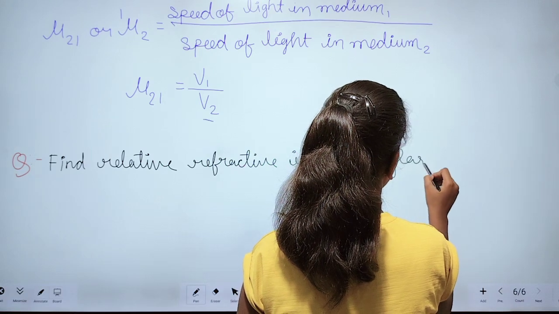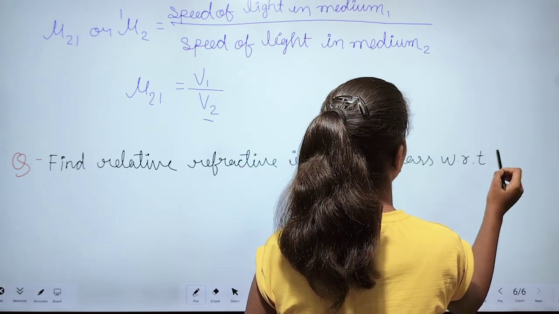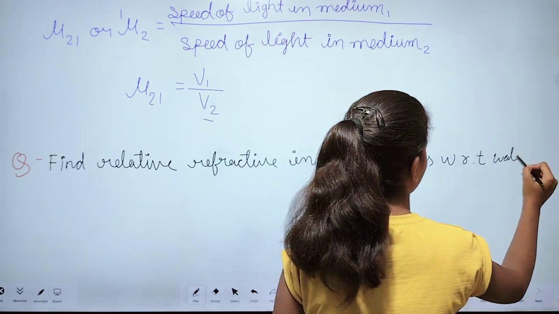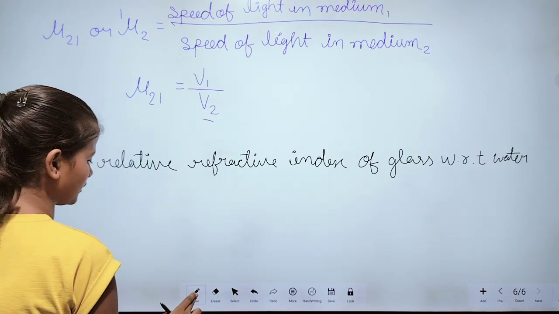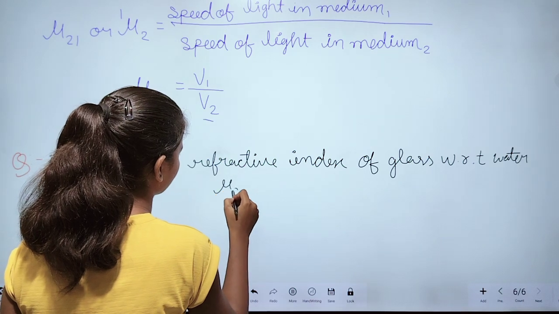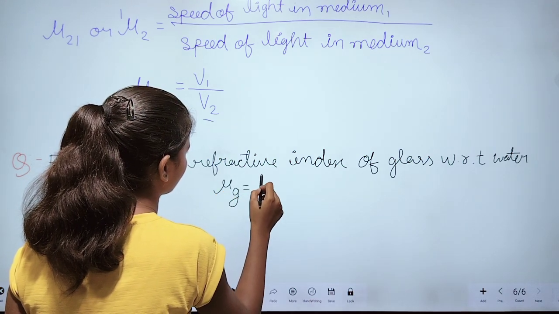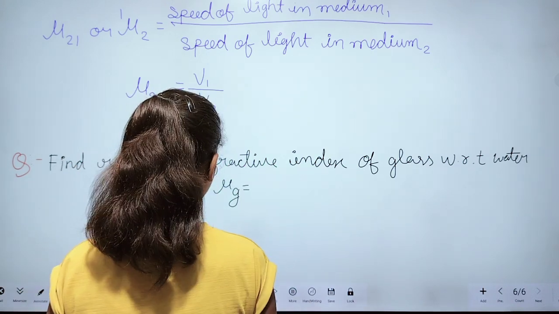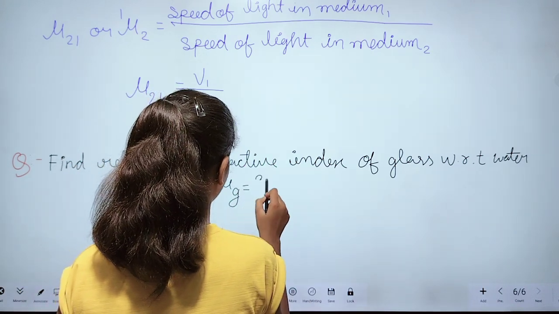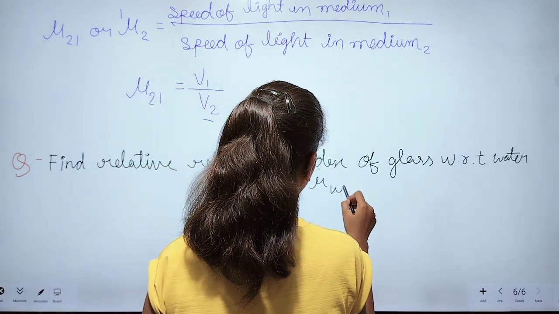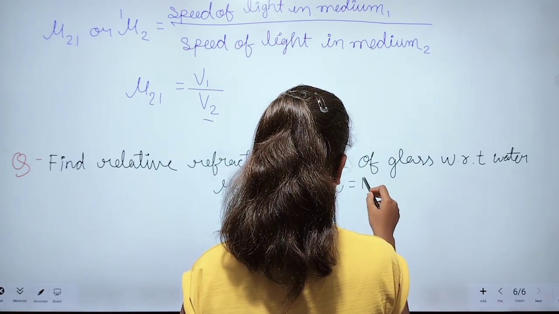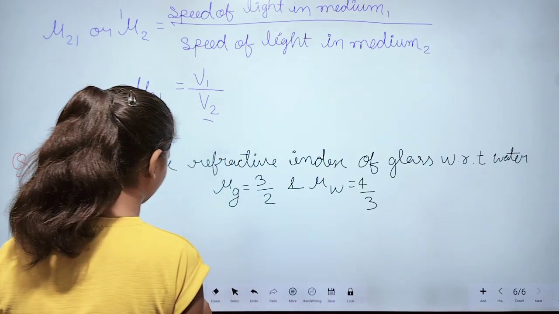Here the refractive index of glass is given, that is 3 by 2, and water is given as 4 by 3.